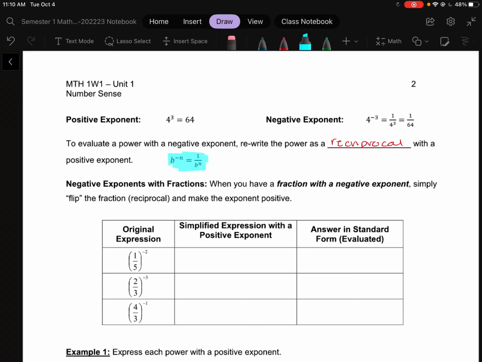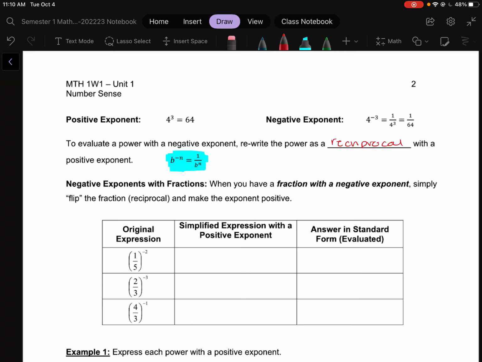So this is the formula that we use when we want to have a negative exponent and we make it into a positive exponent, okay? So there you can see we have our positive exponent. We have 4 to the power of 3, which is equal to 64. And if we were to write that into the negative exponent, which is 4 to the power of -3, we would write the reciprocal of it as 1/64.